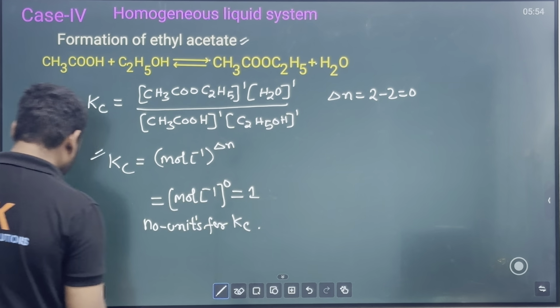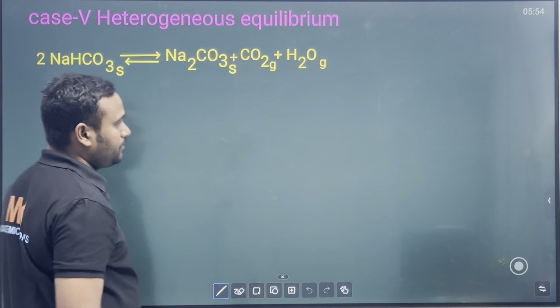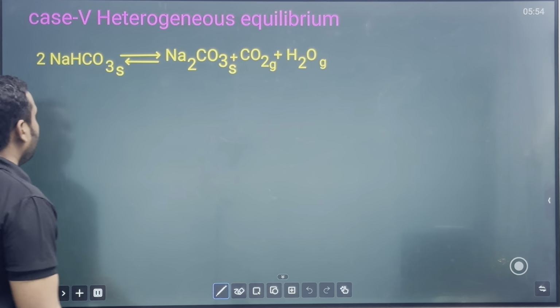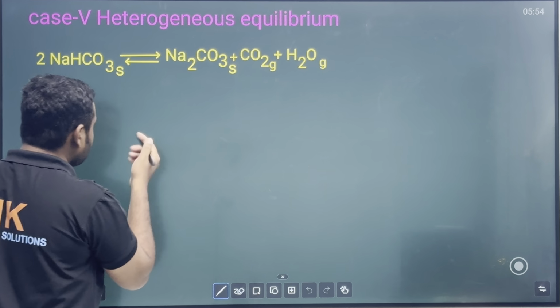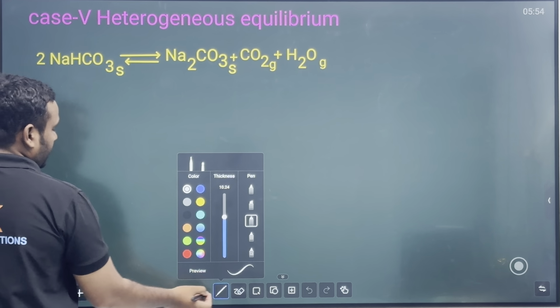Next, take case 5, heterogeneous equilibriums. Now we are going to discuss heterogeneous equilibriums. What are the Kc and Kp expressions here?